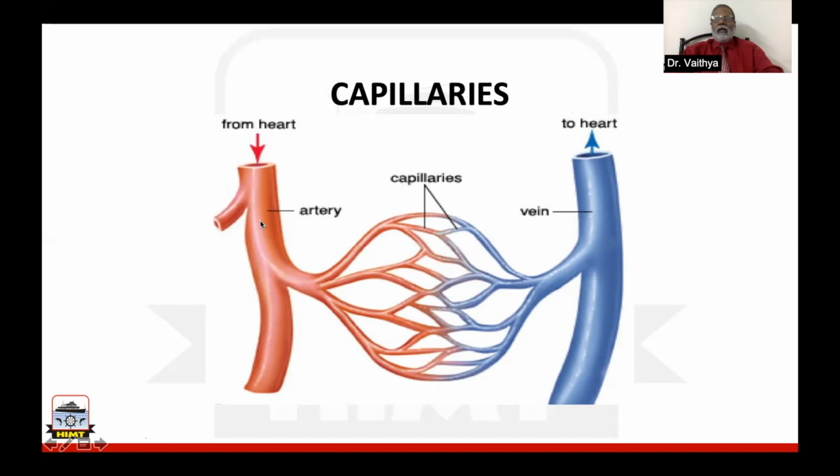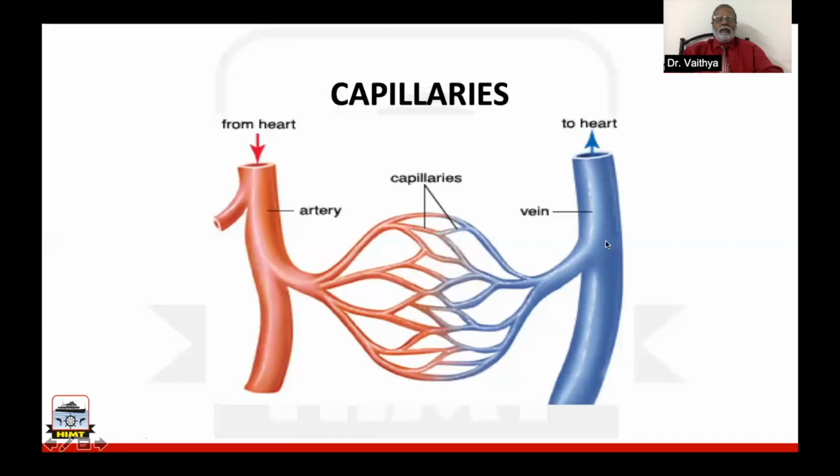The oxygen level in the artery almost becomes nil. So during that time, what happens? Through capillaries, blood slowly gets transferred to the nearby vein. Whenever oxygen level in the artery reduces, almost going to become 0, during that time it passes through nearby capillaries and enters into the nearby vein.